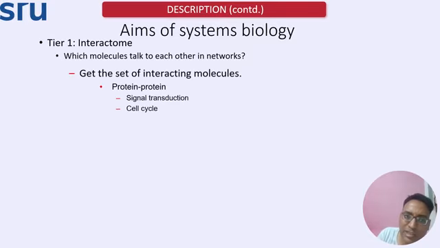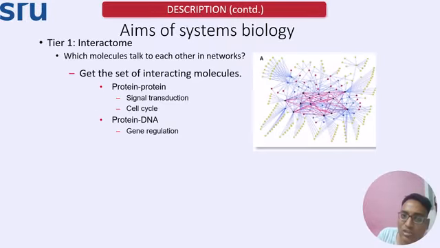So if I'm given the set of interacting molecules, the proteins under cell signal transduction or the cell cycle, which molecules are actually interacting, or protein-DNA, the gene regulation among all these parts. If this diagram shows different molecules interacting here, which molecules actually interact together? How to find out? So systems biology helps me to better understand the complete part.